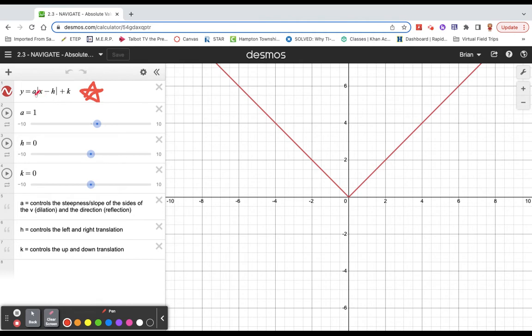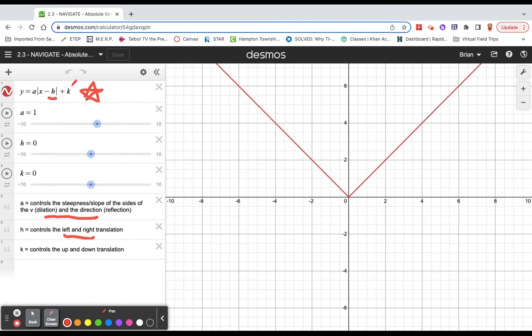We can control the number that is in front of the absolute value. That number controls the steepness and the slope of the sides and the direction of the V. We can control the number that's on the inside of the absolute value being subtracted from x. That number controls the left and the right translation of the graph.